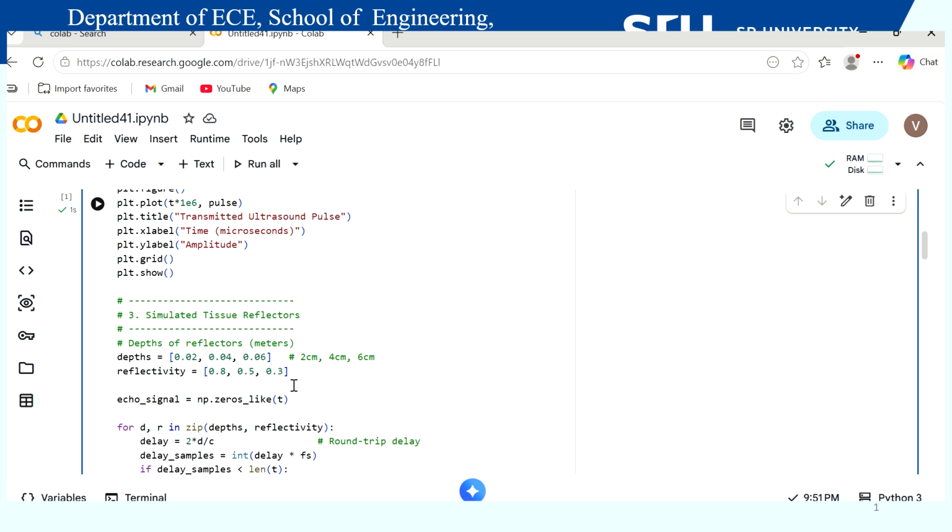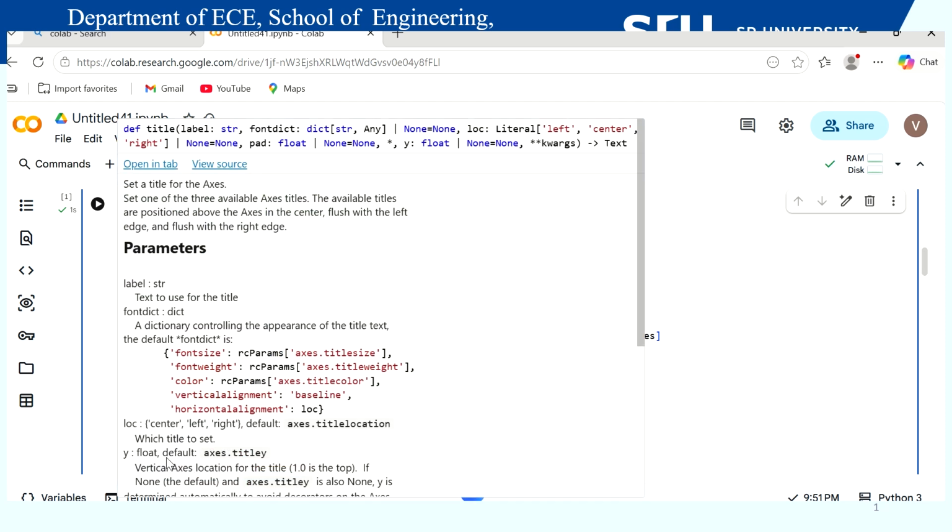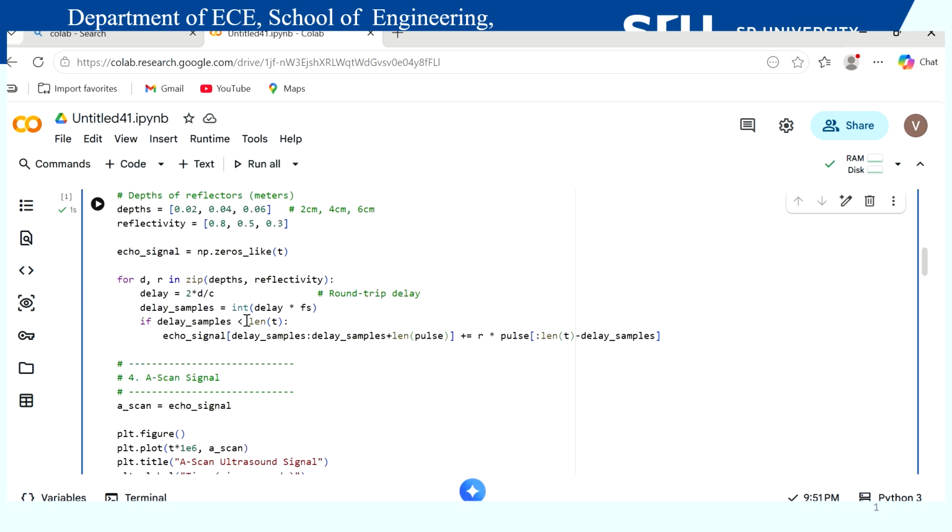So, insert the echo: echo_signal[delay_samples : delay_samples + len(pulse)] += r * pulse[: len(t) - delay_samples].